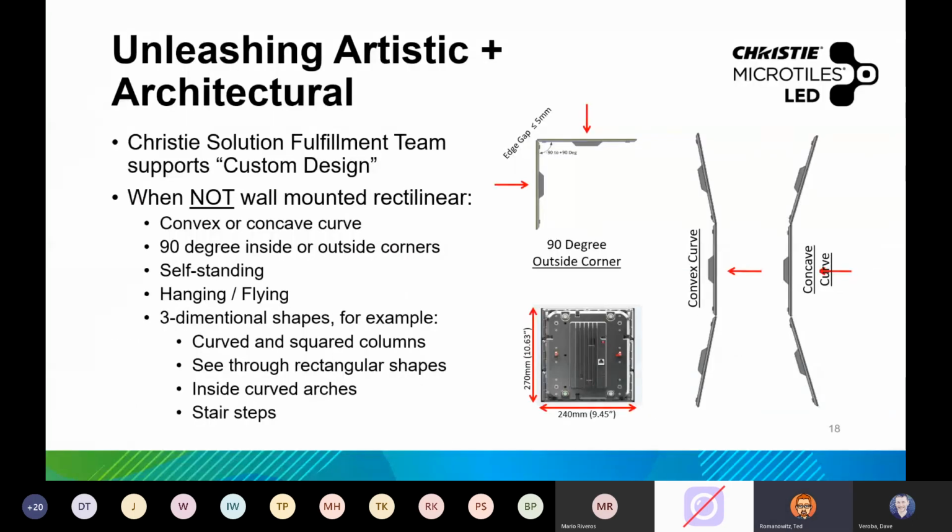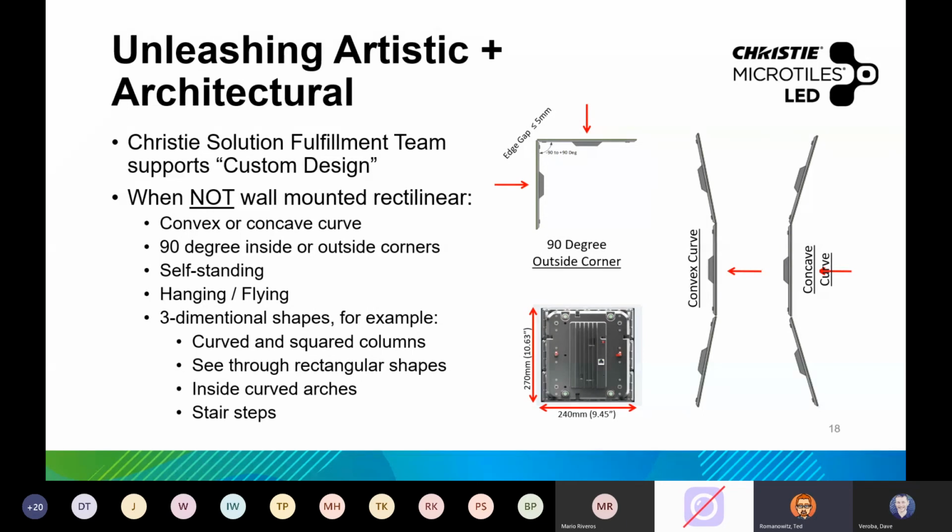And so let's talk a little bit more about the mechanical piece of this architecture. If you look at the far right two pictures, this shows curves, convex and concave. Because of the small 14-inch diagonal size, you can have tighter radiuses.